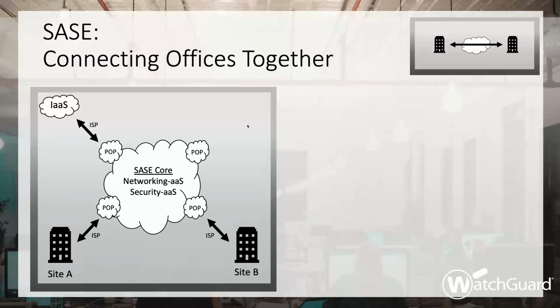I have POPs that are being provided and networks, right? These are sites that are connecting to those POPs. Routing and security are happening as traffic flows from one site to the other.